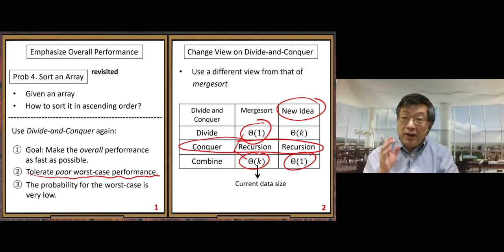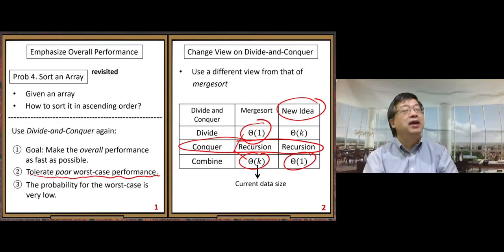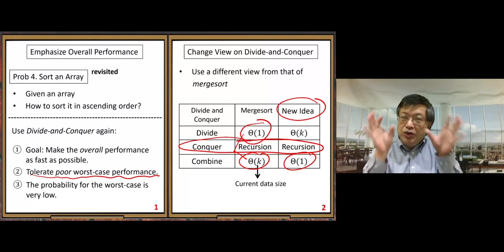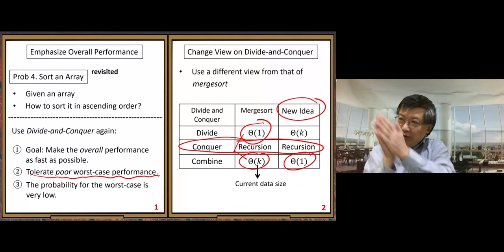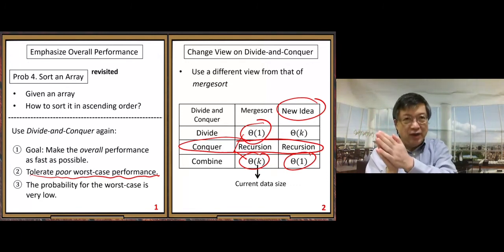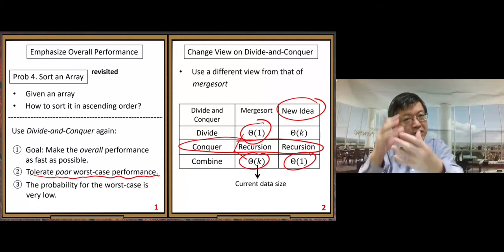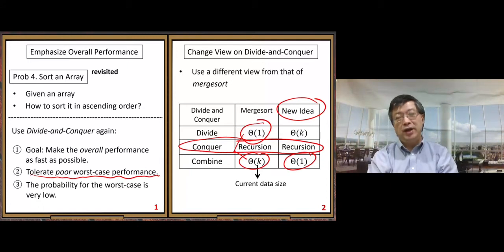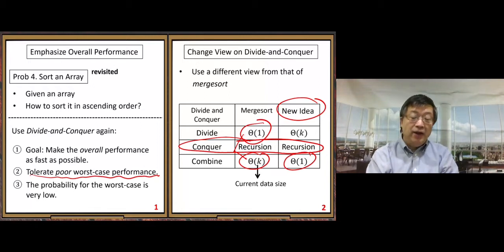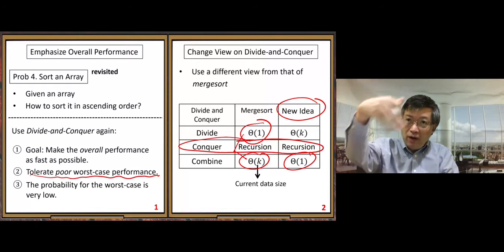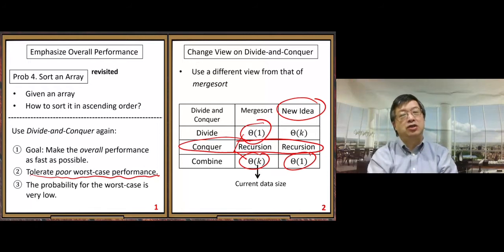How can that be possible? How can you do that? We will see later. Here, we just want to know what direction we want to go. We want to make the combined step as easy as possible. Then you have to pay a little more on the last step, the divide step.